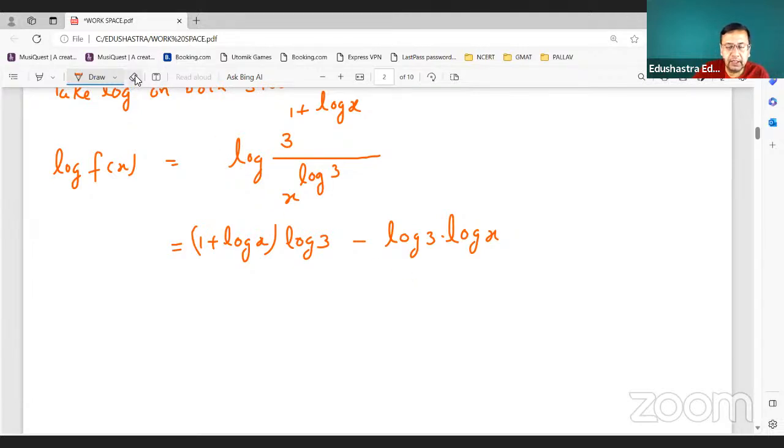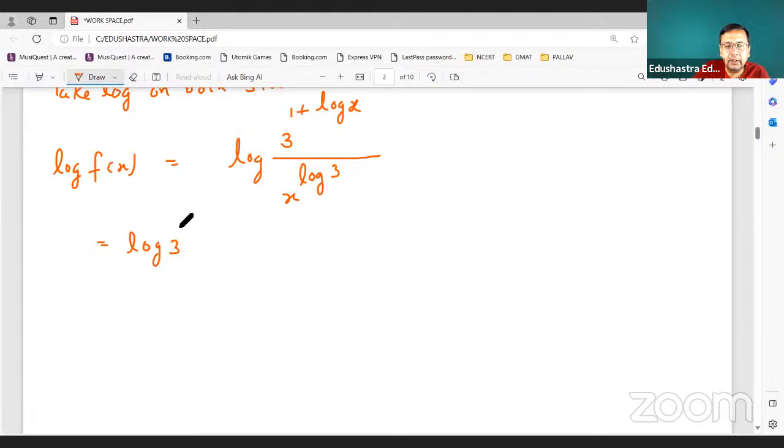Or if you want, I can elaborate more a little. Say this. I can write the first line as log 3 raised to power 1 plus log x minus log x raised to power log 3.